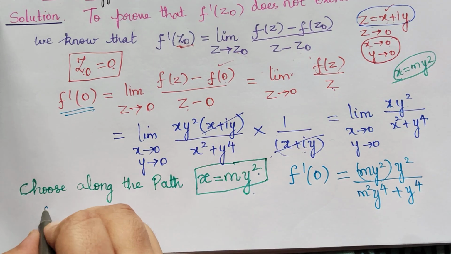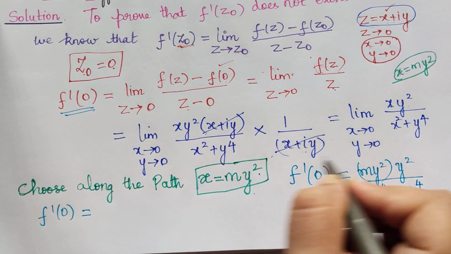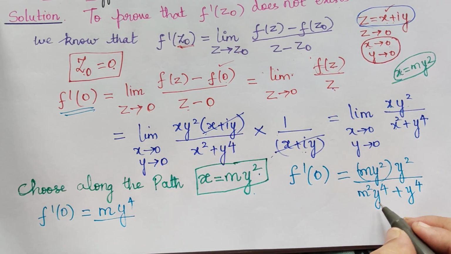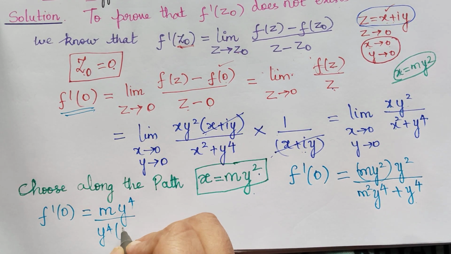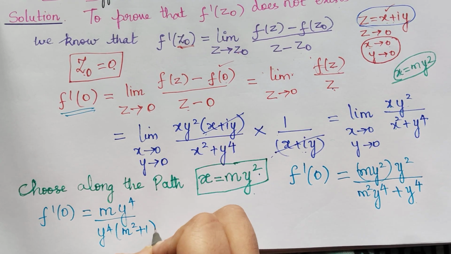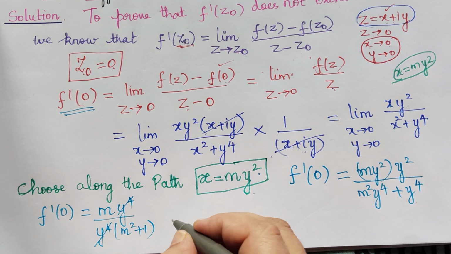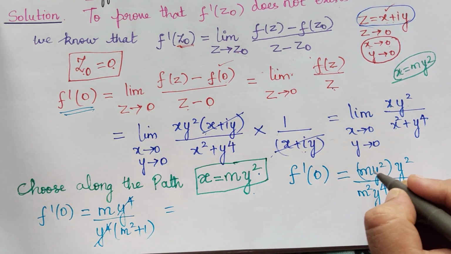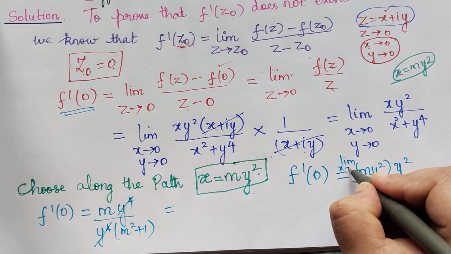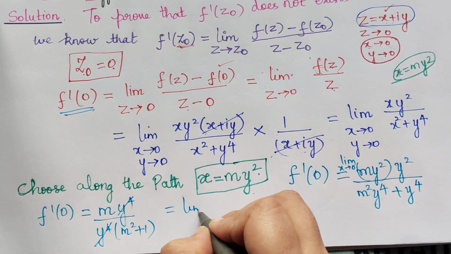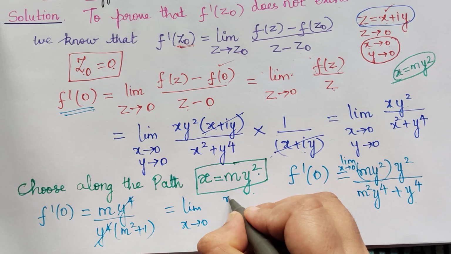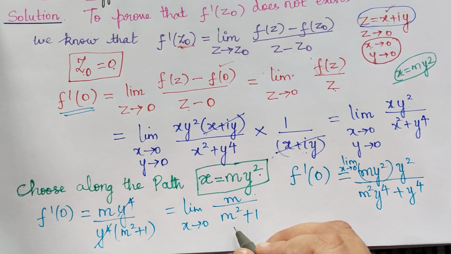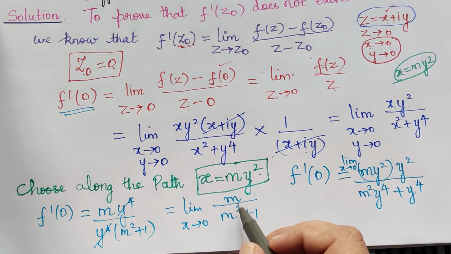And so f dash of 0 will be equal to, in the numerator you will have m y power 4, and in the denominator you can take this y power 4 in common, and you will have m square plus 1. We see that y power 4 and y power 4 get cancelled, and here the limit turns out to be the limit x tends to 0 of m divided by m square plus 1. And since you don't have any x term over here, the limit completely depends upon the value of m.